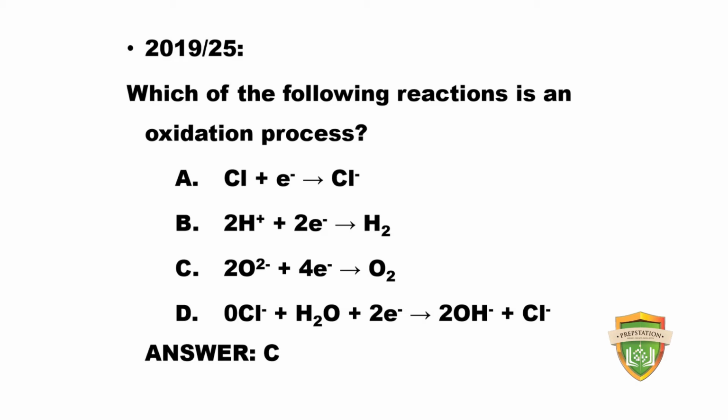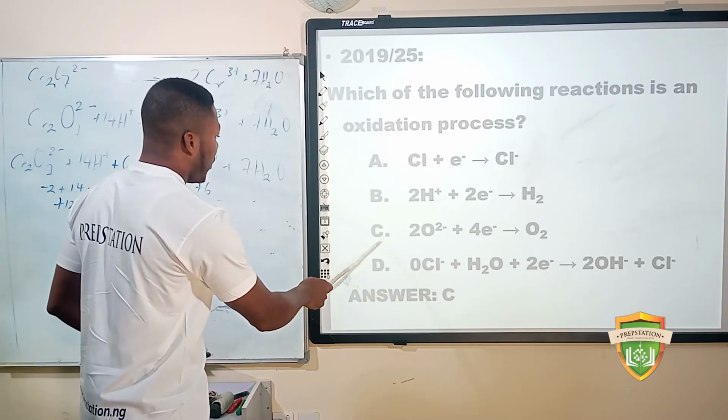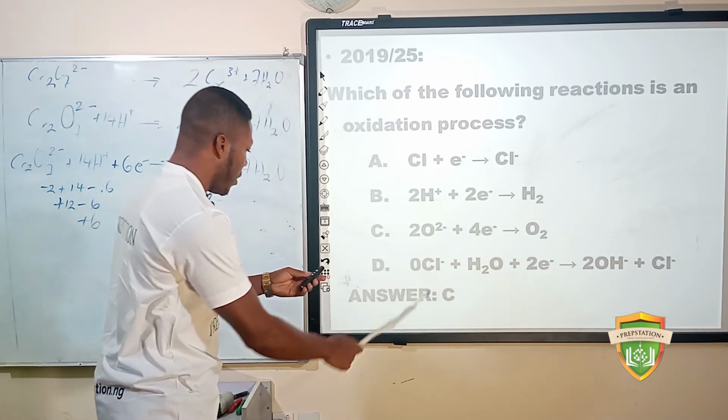Now from +1 to 0 is also a gain of electron. So B is out of it. Now from -2 to 0, this is it. From -2 towards 0, oxygen loses 2 electrons and becomes 0. So here is an oxidation process. The others are reduction processes, so this one is totally out of it.